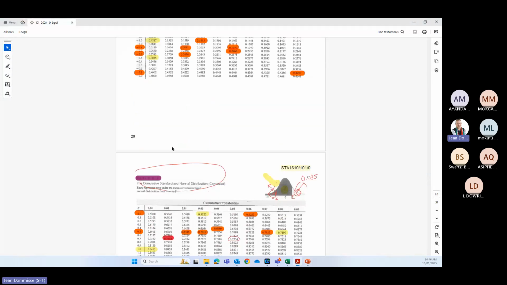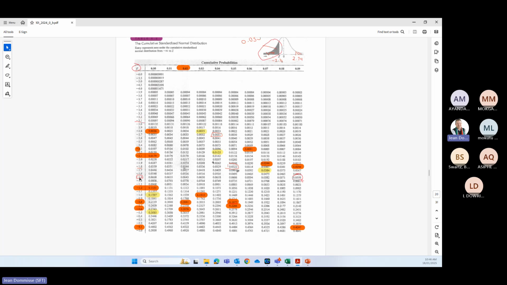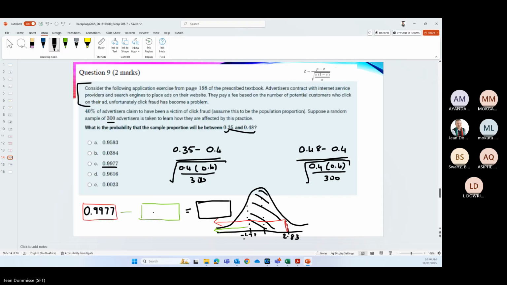We want that area for minus 1.77, which is 0.0384. If we subtract those two, we get 0.9977 minus 0.0384, which is 0.9593.